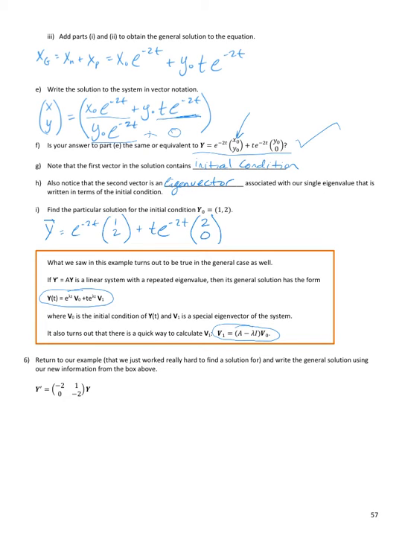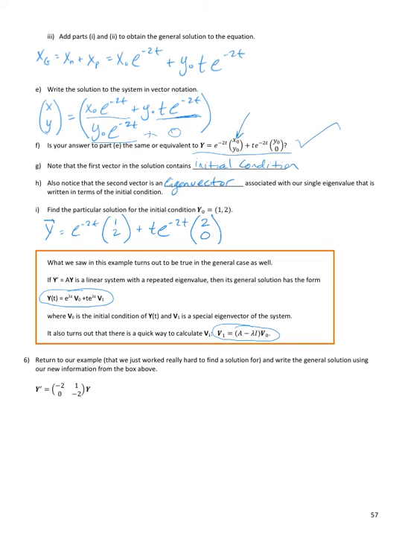So we want to return to our example that we just worked really hard to find a solution for, and we want to write the general solution just using the information in this box, not the whole partially decoupling and solving thing. So I need to find out what lambda is, and then I need to calculate v1.